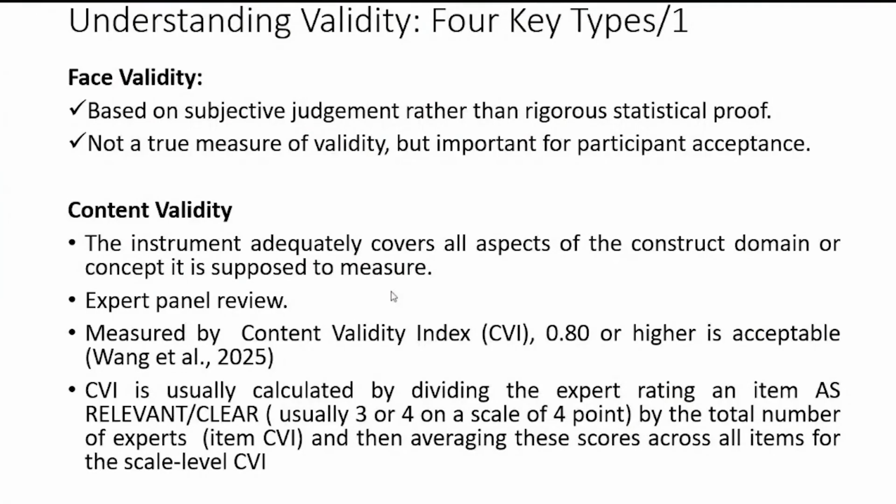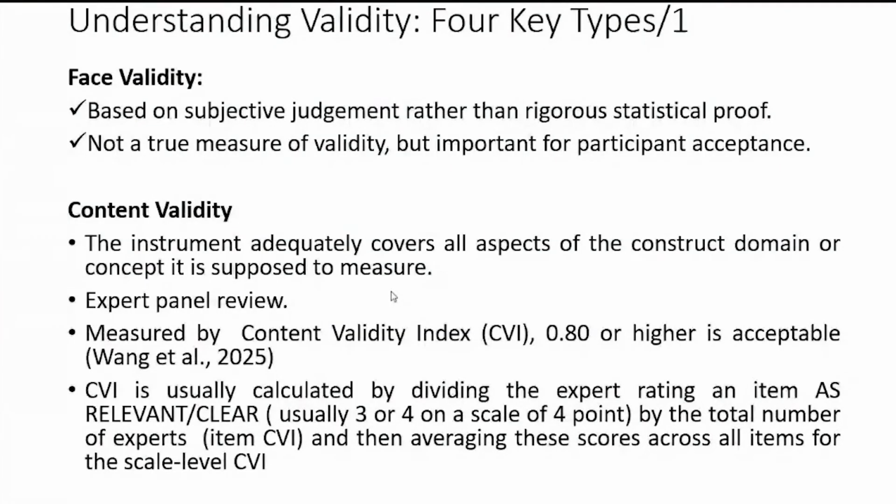So how do you calculate this content validity index? It's simple. You divide the expert rating of an item. They rate the item as either relevant or clear. Usually the rating is on a scale of 4 or sometimes a scale of 3. You understand?